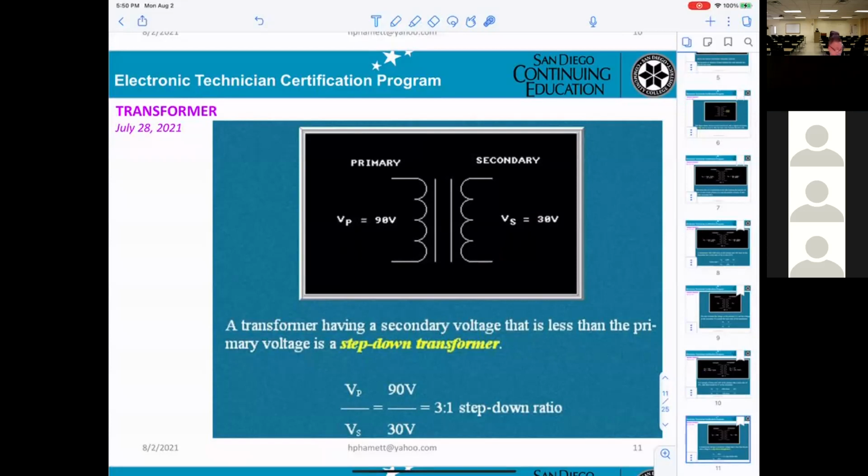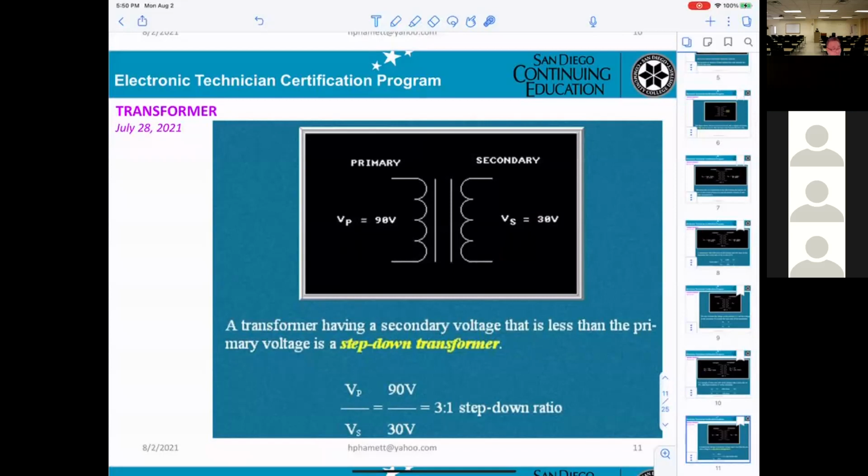You must memorize that a transformer is a device for converting from one voltage to another voltage.